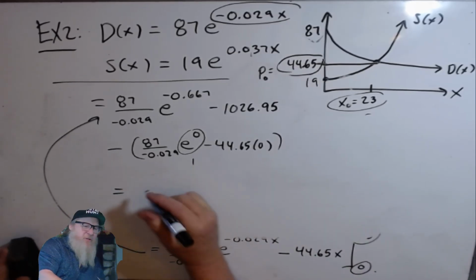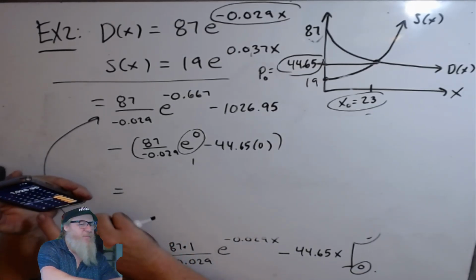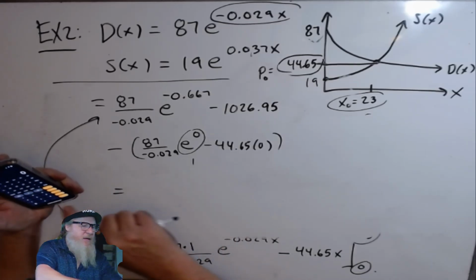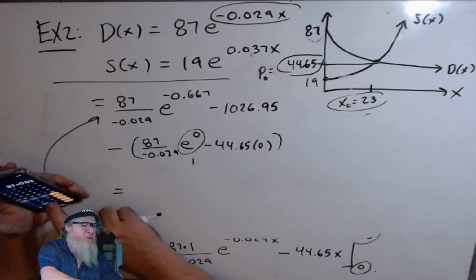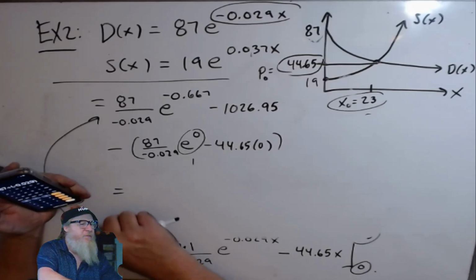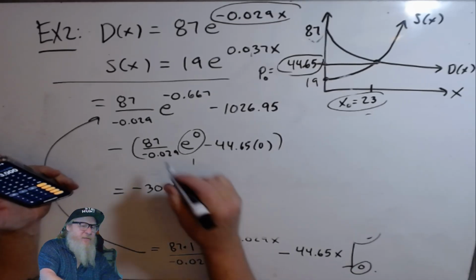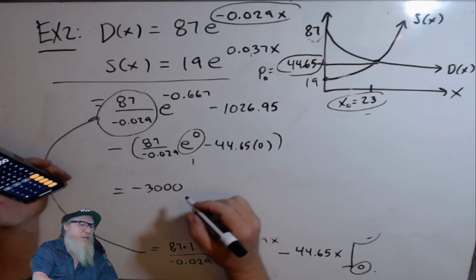So my consumer surplus, when I finish this all off, is going to be 87 divided by negative 0.029. Oh, that's nice. Negative 3,000. I should have done that a long time ago.